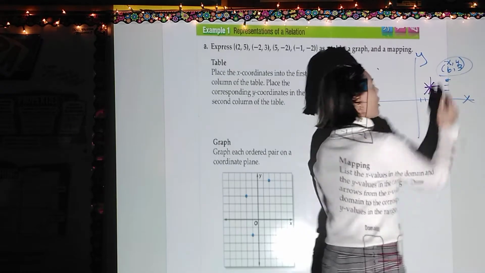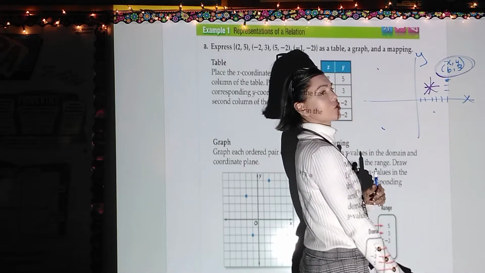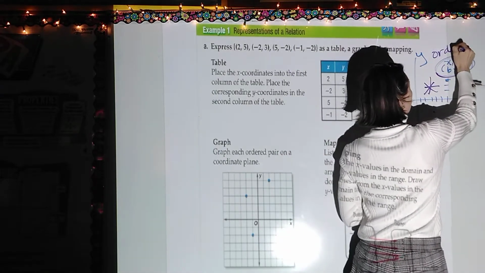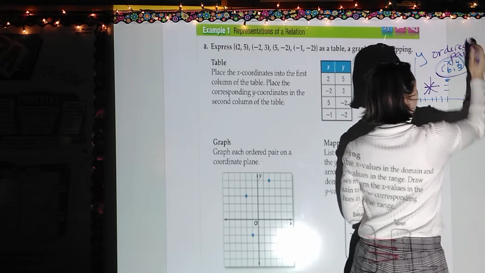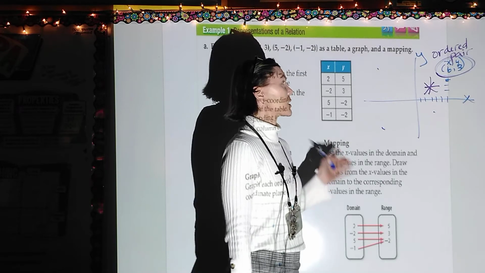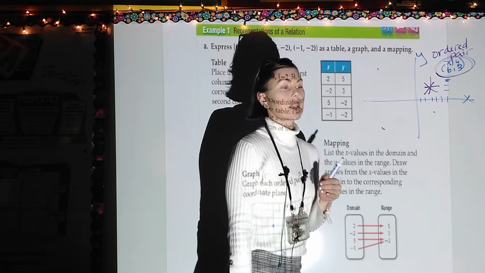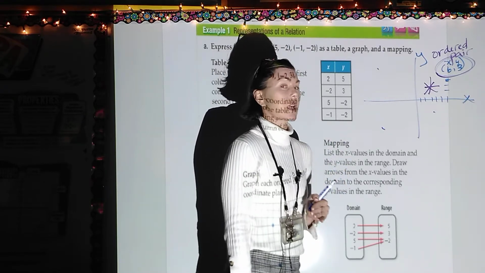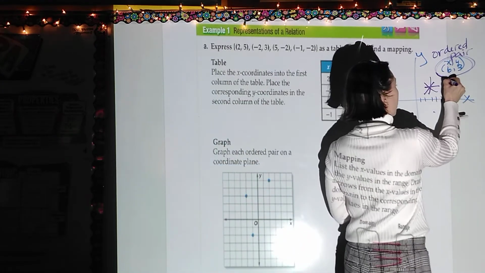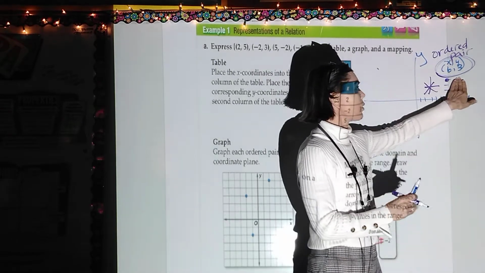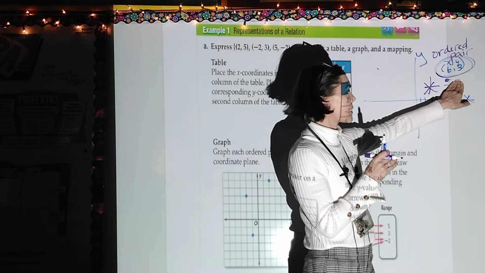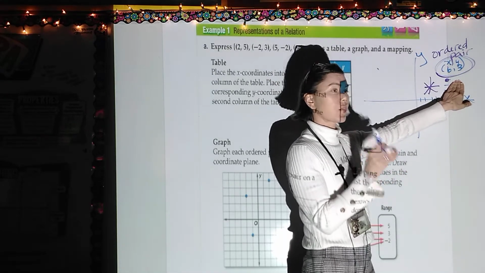What we also call that, put the star, everybody, and double and triple circle it, is an ordered pair. To be honest with you, I want to explain this in such a way that it makes sense to you like it never has before. So this point right here, and I'm going to make it purple, has an x and a y value, and that x and y value is called an ordered pair.